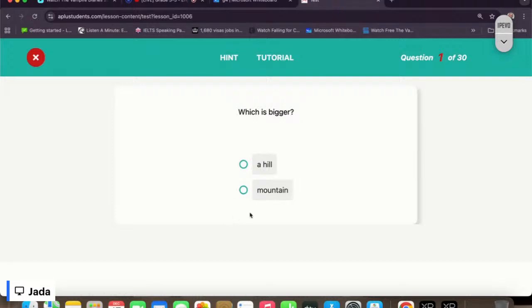Okay, so we have mountain bigger. Let's see. Yes, a mountain is bigger. Okay, so which is larger, village or city?